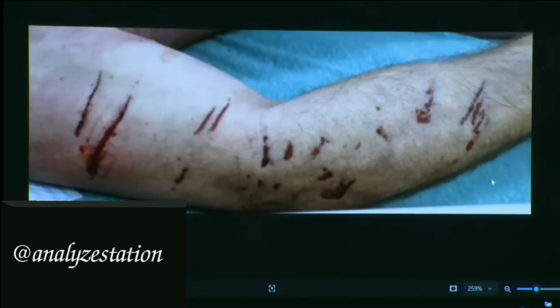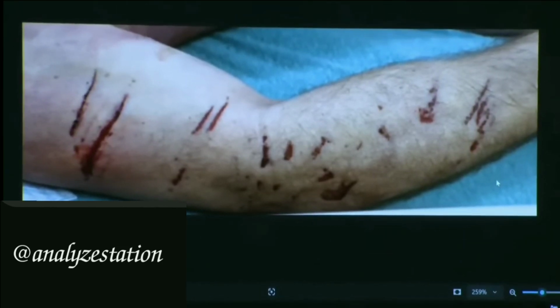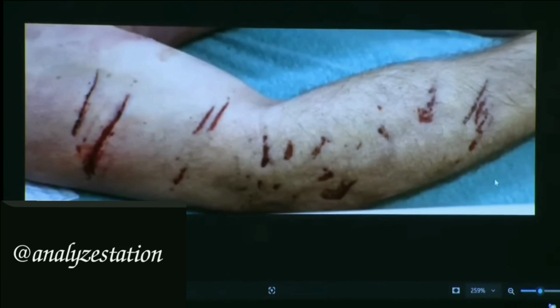So, first of all, the overall impression is there's numerous abrasions and that they have a pattern to them. One can see that many of them are parallel in nature. Can you use the pointer? Yes. I wasn't seeing the thing.